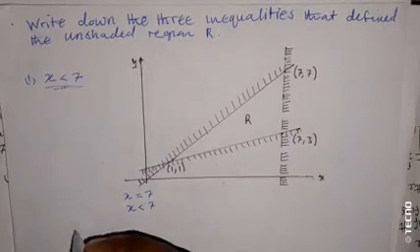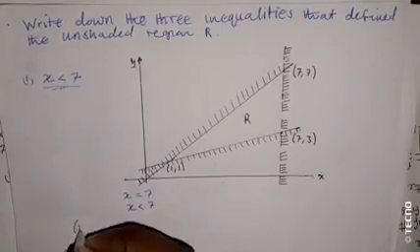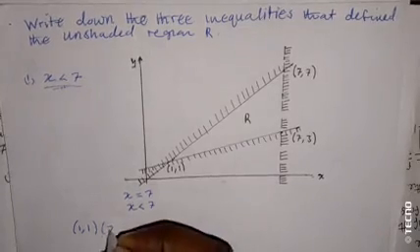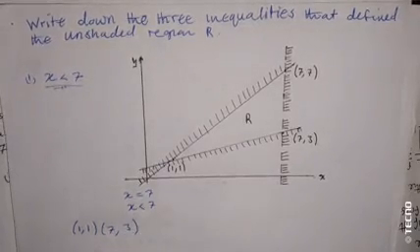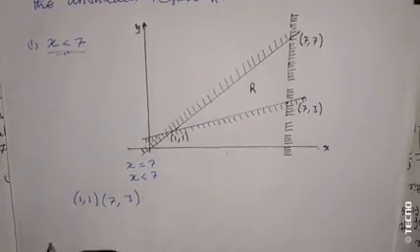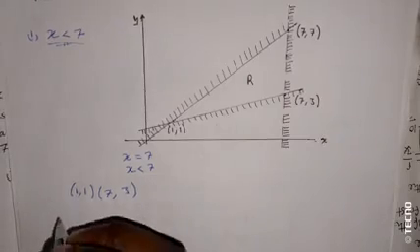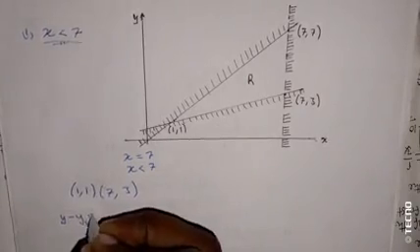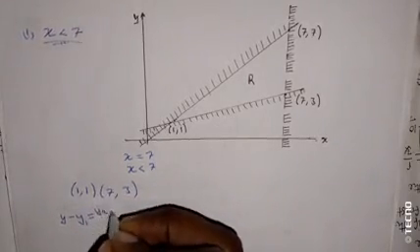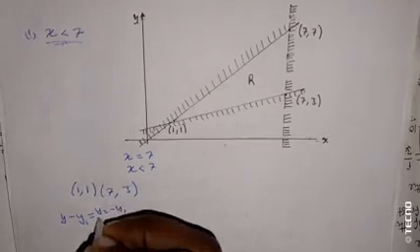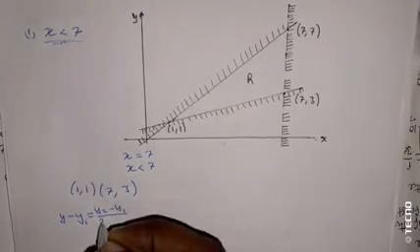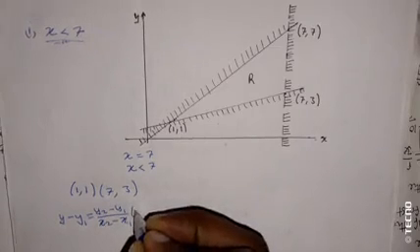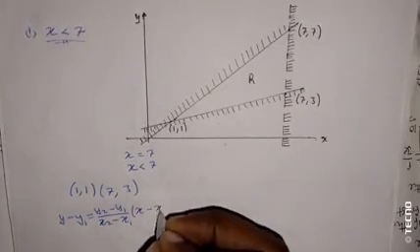The formula we are going to use is a straightforward formula: y minus y1 is equal to y2 minus y1 over x2 minus x1, open bracket, x minus x1.